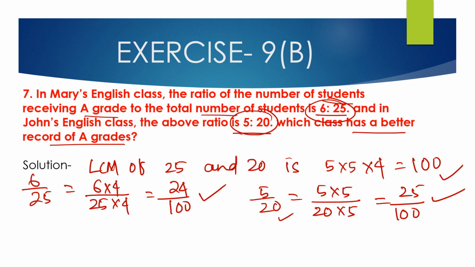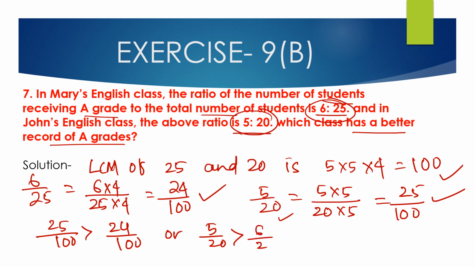Now in these ratios, 24 divided by 100 and 25 divided by 100, both have the same consequent, 100. So compare the two ratios, 24 divided by 100 and 25 divided by 100. 25 divided by 100 is the greater ratio, that is, 25 divided by 100 is greater than 24 divided by 100. 25 divided by 100 is the equivalent ratio of 5 divided by 20, and 24 divided by 100 is the equivalent ratio of 6 divided by 25.